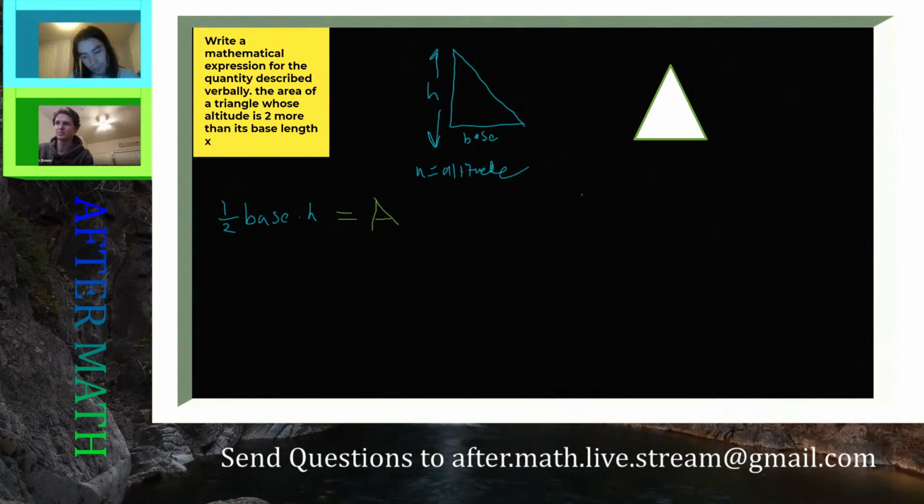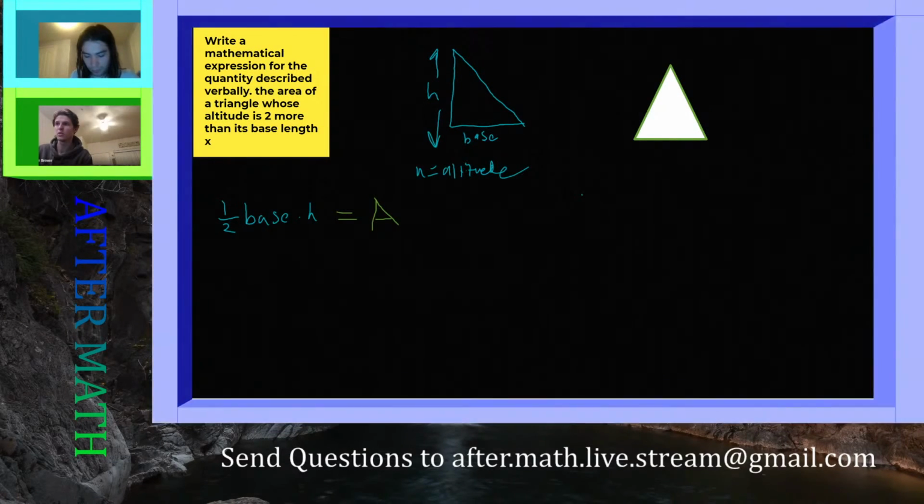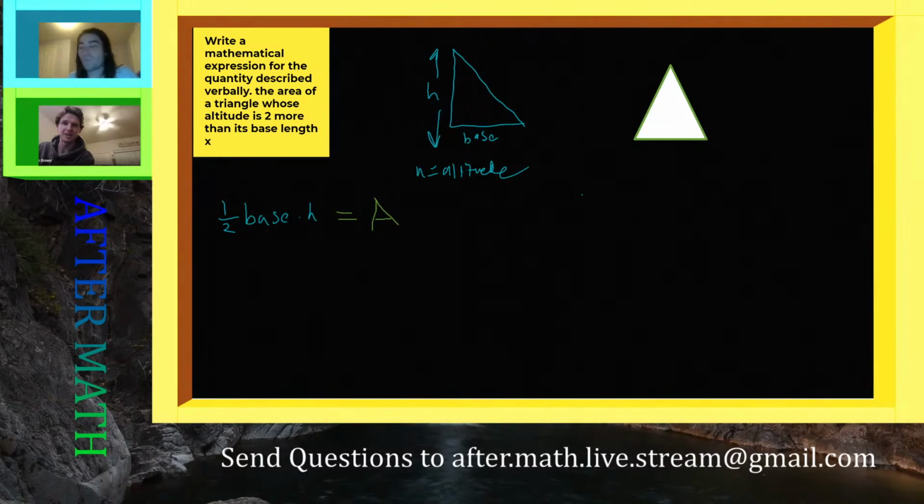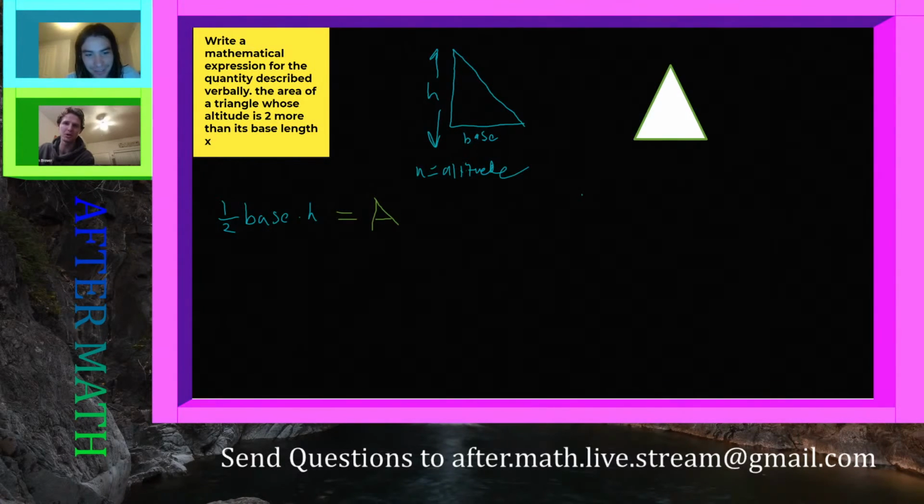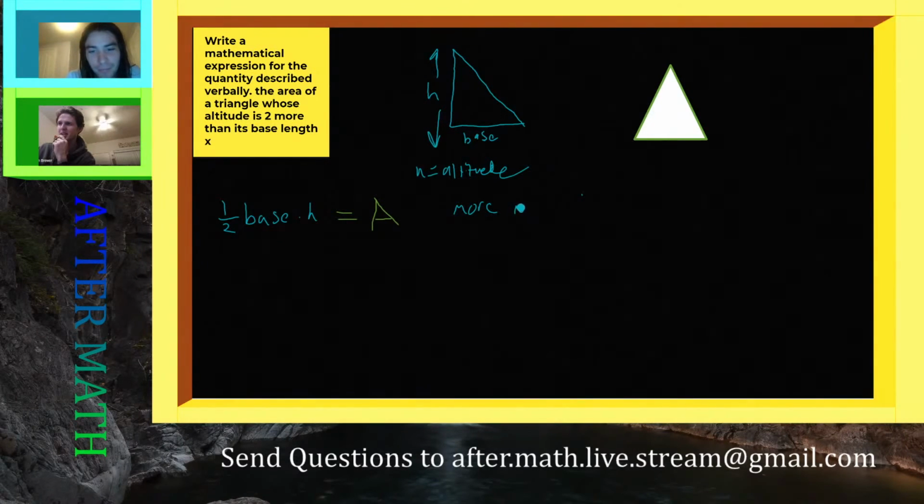Okay, this one, what is two more? Is that multiplication, division, addition, subtraction? The altitude is two more than its base length x. Two more means what? Good question. When you hear the word more, that means multiply.